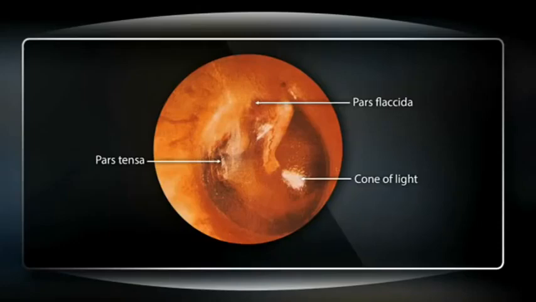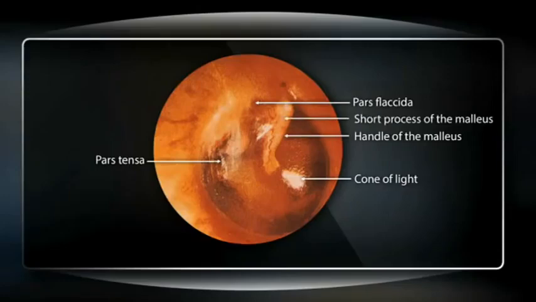Normally, the drum is pearly gray. Also, note the position of the handle of the malleus and inspect the short process of the malleus. The handle of the malleus, with the umbo at its tip, crosses the eardrum obliquely from the cone of light upward toward the short process. Be sure to examine the other ear in the same manner.